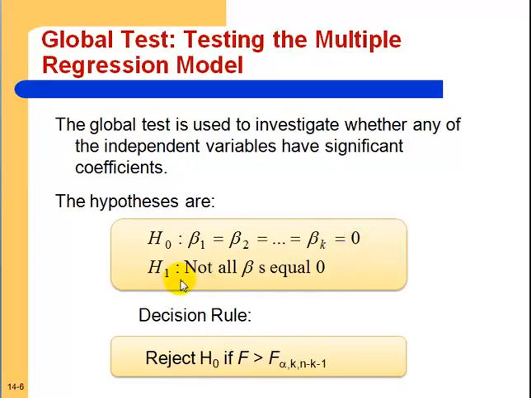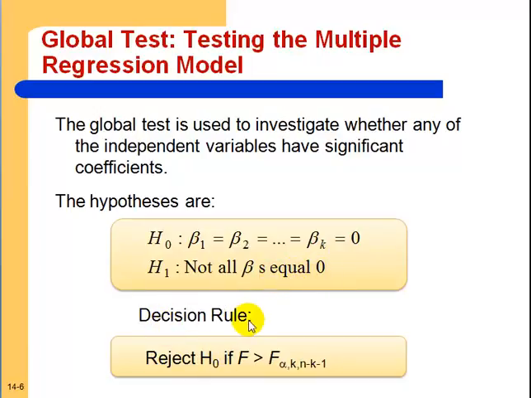H1 is not all betas equal 0, which means at least one coefficient does matter, because at least one beta does not equal 0.